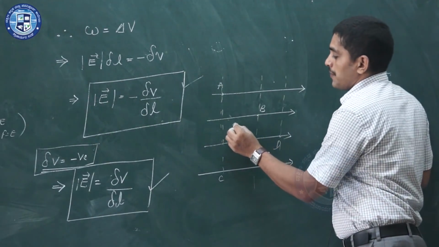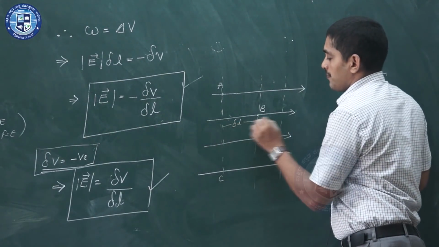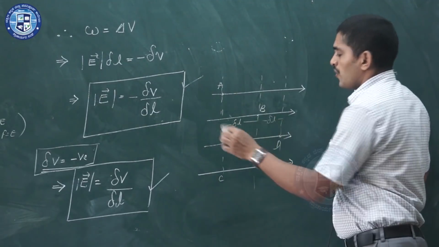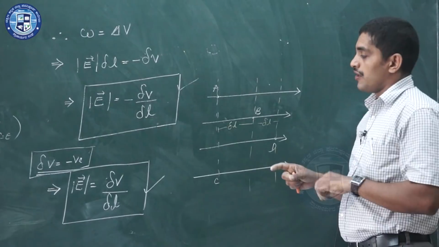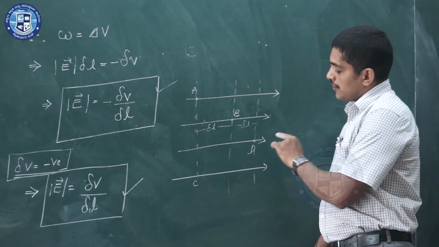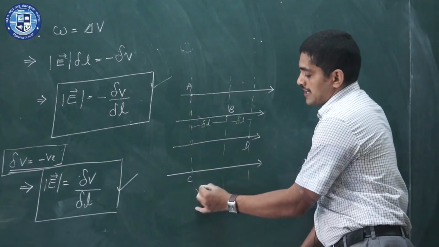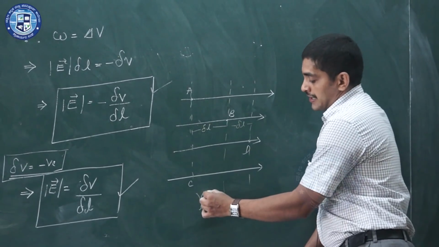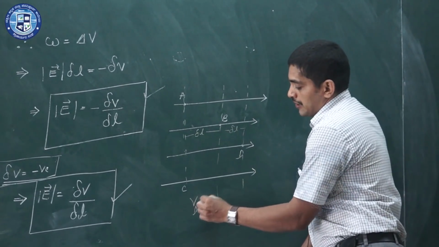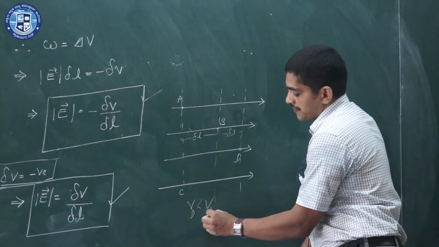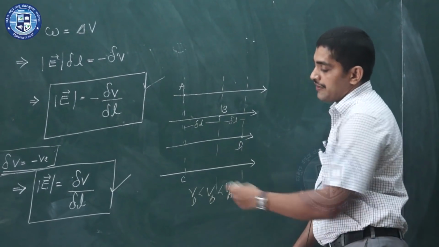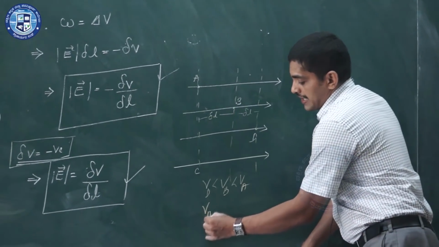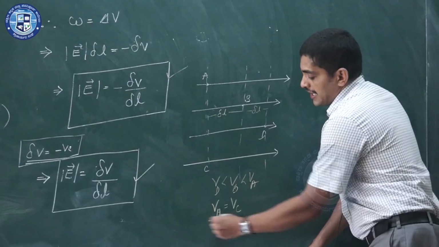If the separation between them, the distance, is the same, what relation can you think of for the potential there? Obviously, the first point is that the potential at D is lesser than potential at B, which is lesser than the potential at A, and we can write that potential at A is equal to potential at C.